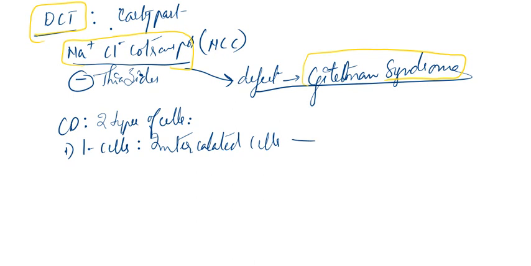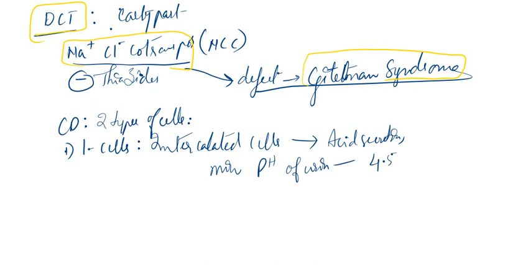They are used for acid secretion, and the most acidic urine and the minimum pH of the urine is maintained by these intercalated cells. What is the minimum pH of urine? It is 4.5, right? This is what is called the limiting pH.